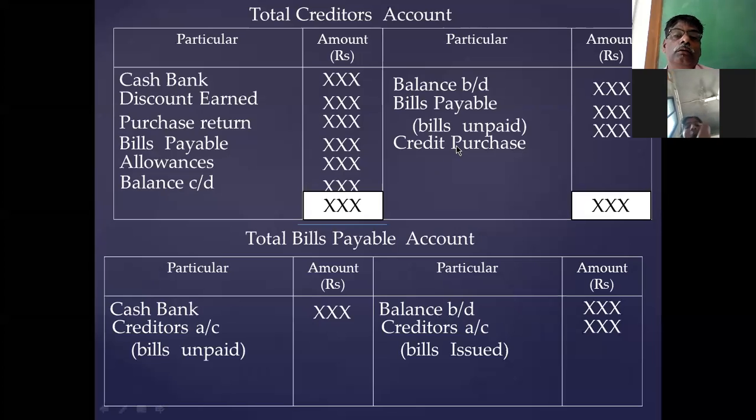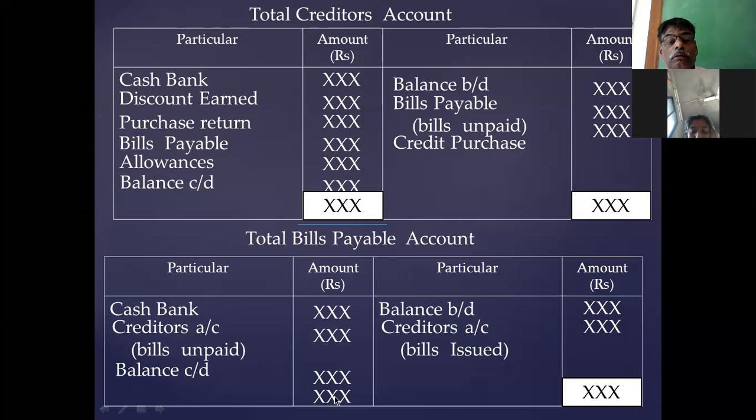Then the creditor account, which is nothing but bills unpaid, from the credit side of the creditor account to the debit side of the bills payable account. Close the account, ascertain the balance. Credit side, debit side, two balance carried down, closing balance. You take the total.